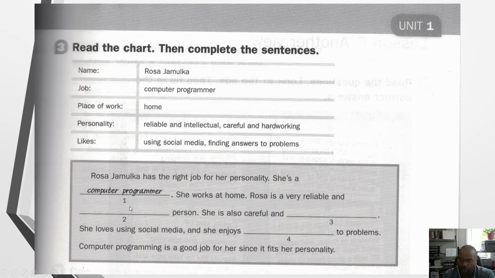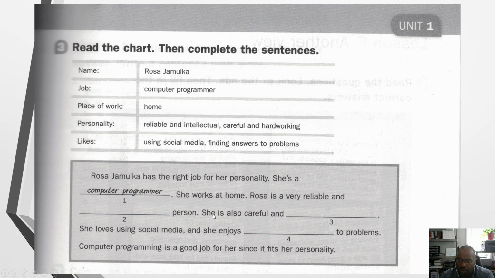Okay, so let me share with you what I wrote. The first one is done for us. Rosa Jamuka has the right job for her personality. She's a computer programmer. Okay, so computer programmer. She works from home. Rosa is a very reliable and, I wrote down, intellectual person.